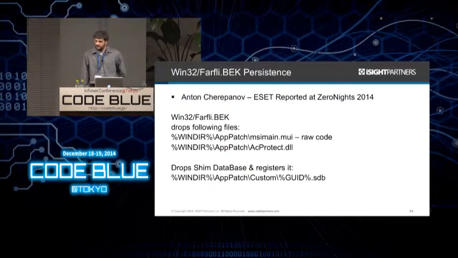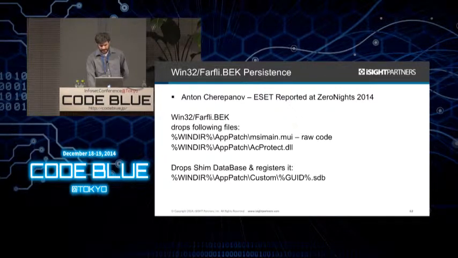So Anton, who's sitting over there from ESET, reported zero-days in November about this variant of Farfly. And he showed that the malware itself dropped two files into the Windows AppPatch directory, one of which is called acprotect.dll. Then it also dropped a shim database file into the AppPatch custom directory and registered it.